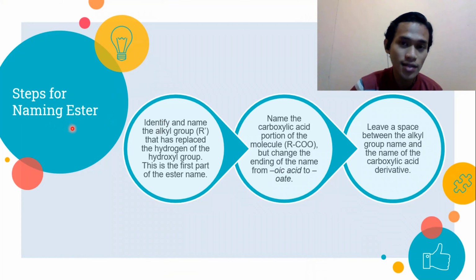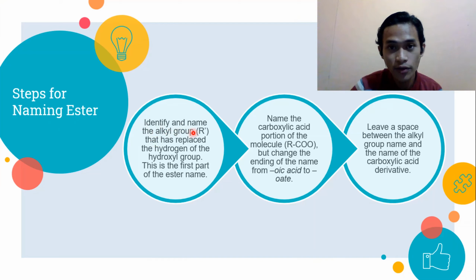Steps for naming. First, identify and name the alkyl group that has replaced the hydrogen of the hydroxyl. This is the first part of the ester. For example, for the alcohol, we use ethanol. So, the alkyl of ethanol is ethyl, so we replace the hydrogen from the hydroxyl group with the ethyl.